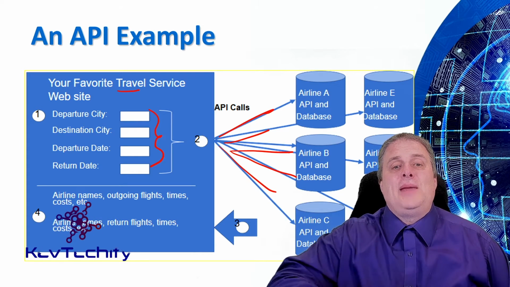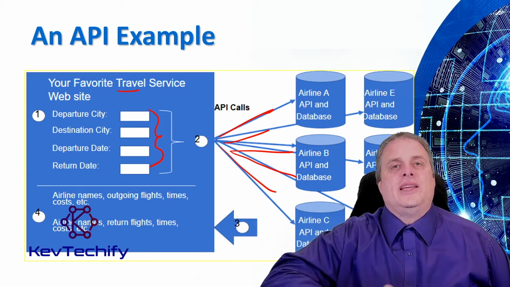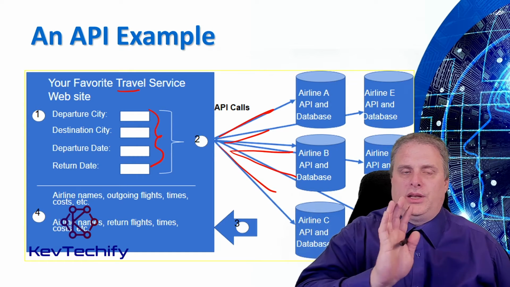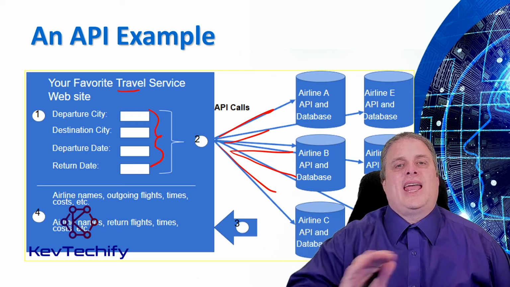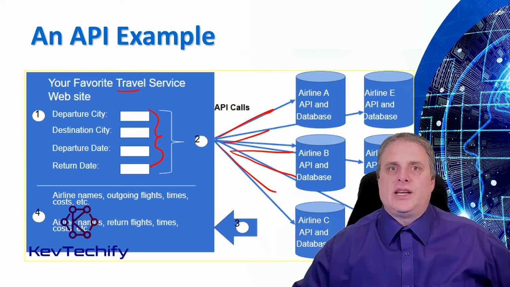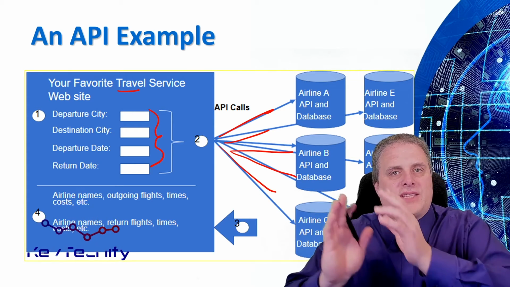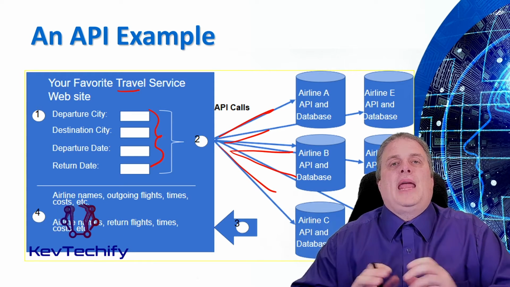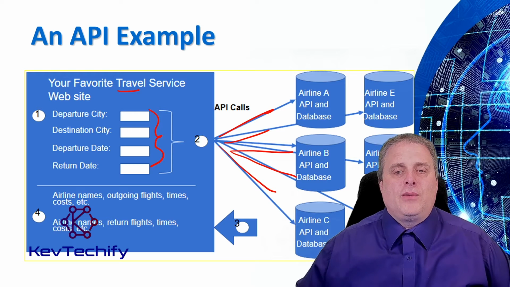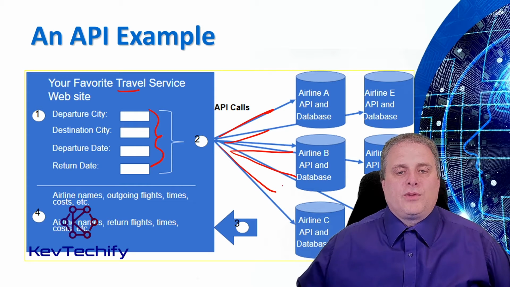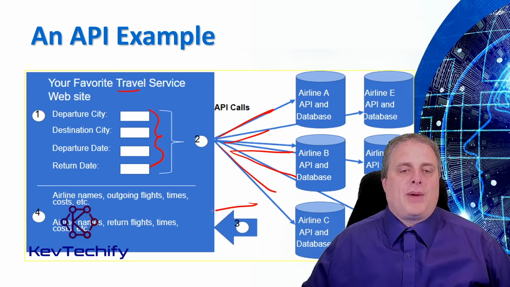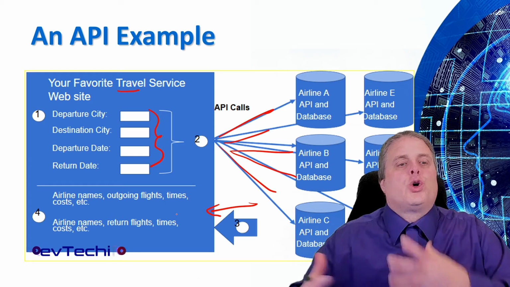It uses API calls to these airline websites. They don't have a direct connection between the website and the database. They use these API calls. The airlines did all the hard work of setting up the database, having that data. These travel websites, all they do is an API call to get the information from them. The travel website then takes all that data, puts it all together, and sends back a response to you and tells you these are your choices.